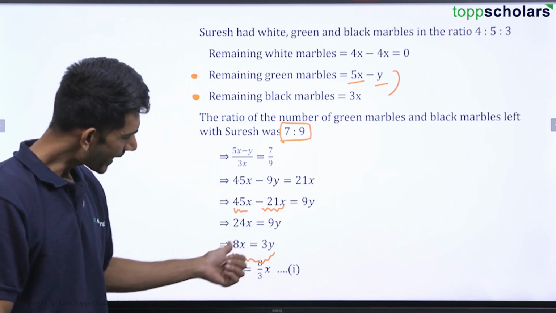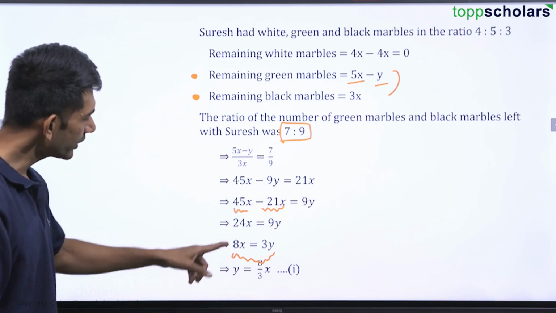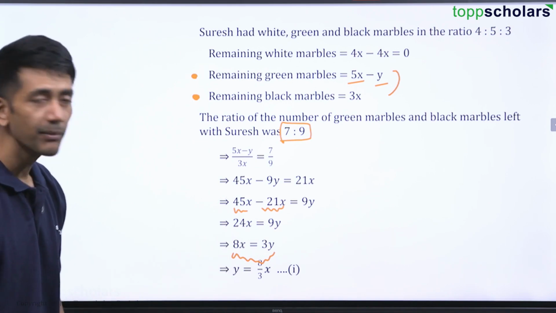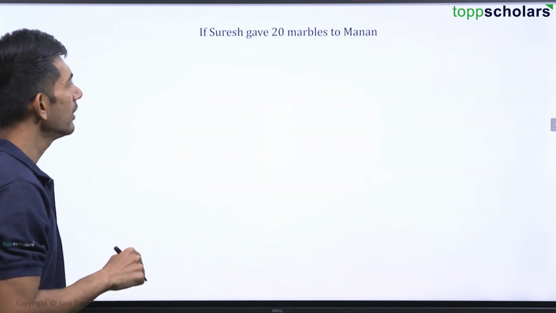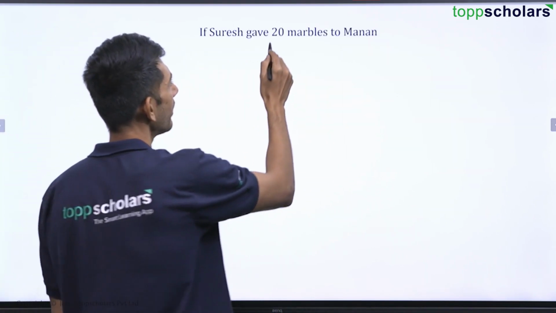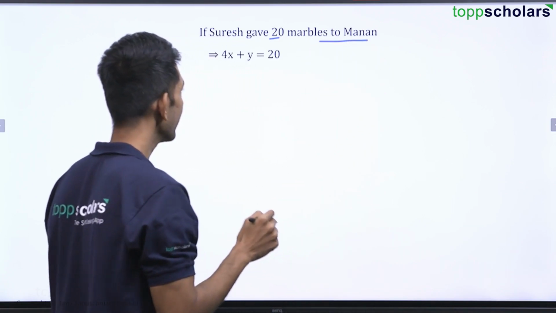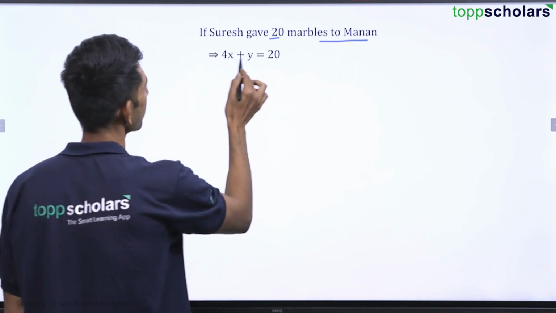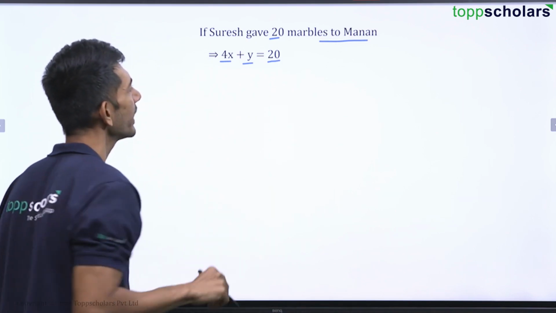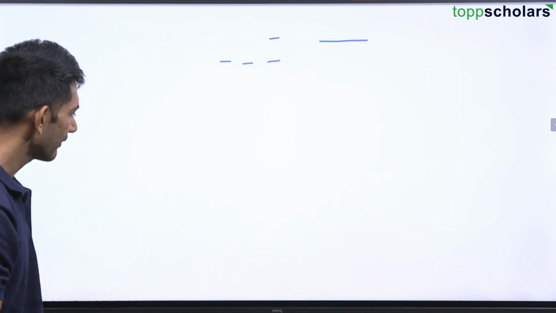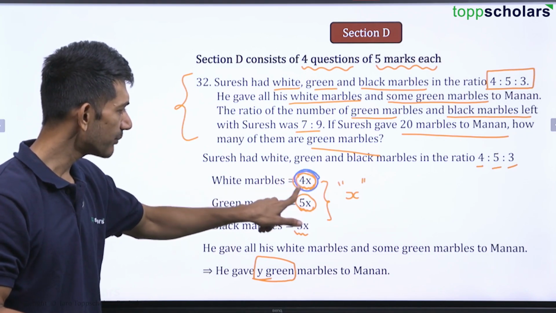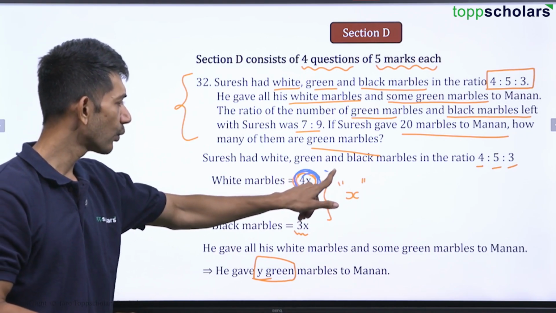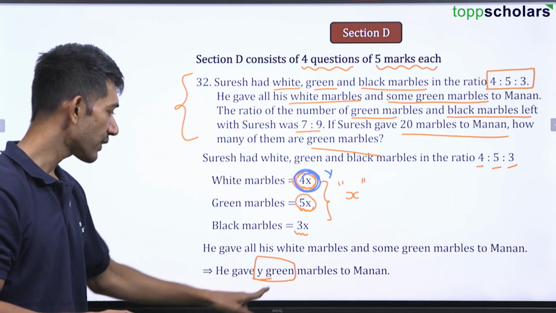So can I write down y in terms of x? I can do that. So here y will be equal to 8 by 3 x, right? Now I have y in terms of x. Now if Suresh gave 20 marbles to Manan, can I say 4x plus y will be equal to 20 according to the given condition? Have a look at this. 4x plus y, because he gave white marbles and he gave y green marbles, which we have already considered.